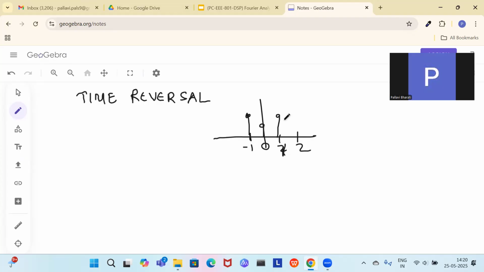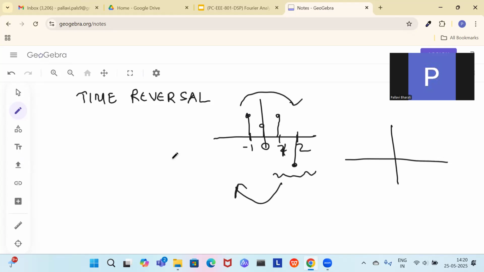If you time reverse it, then this portion will appear on the left side of the y-axis and the left side of the y-axis will appear as the right side. So basically the y-axis is acting as a mirror. That is your time reversal. So x of n is changing to x of minus n. This is the time reversal property.